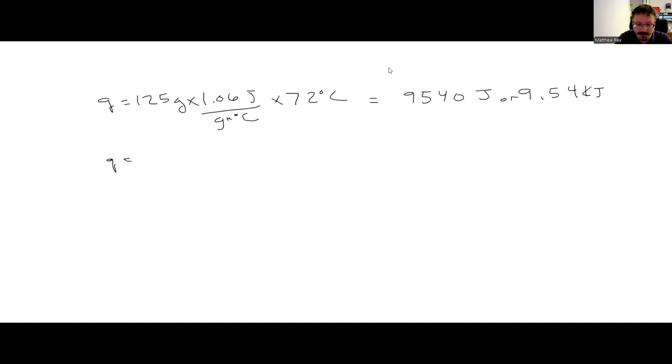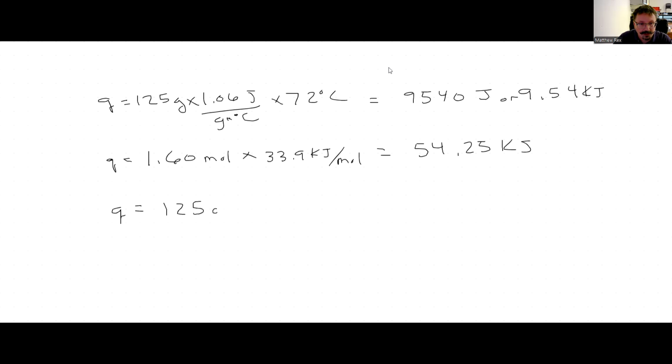So I take the 125 grams, I divide by the molar mass, 78.11, gives me 1.60 moles, and we're going to multiply by the enthalpy of vaporization, which is 33.9 kilojoules per mole. We get 54.25 kilojoules.